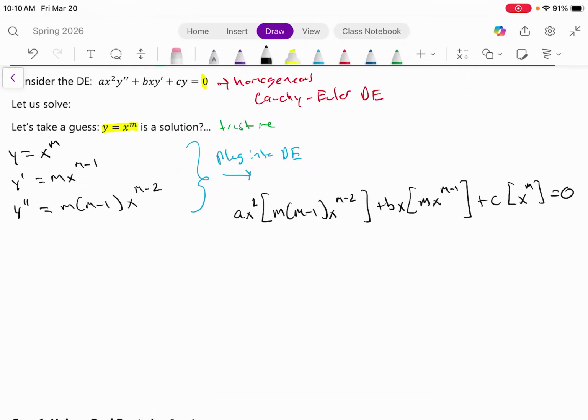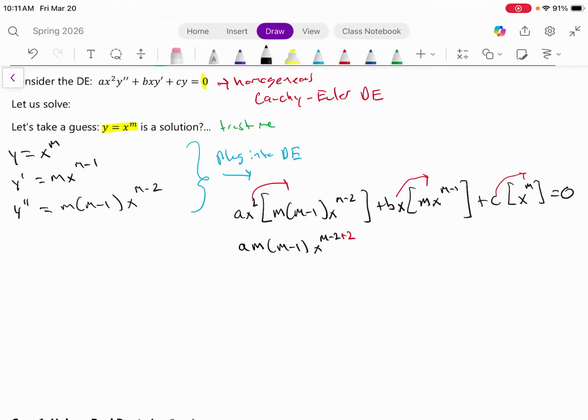Okay, so let's go ahead and start simplifying this down a bit. Let's distribute in our ax squared, our bx, and our c. We get a, the x squared would go towards the x to the m minus 2. So what this ends up being is am times m minus 1, x to the m minus 2, and then I'm going to take this an extra step. This would be plus 2 because of that x squared.